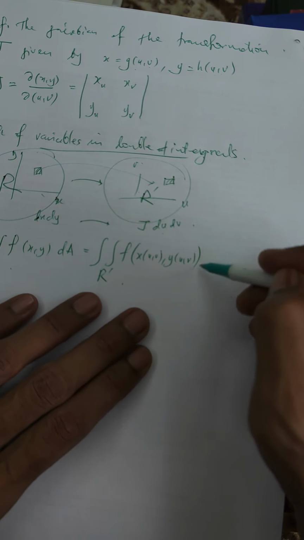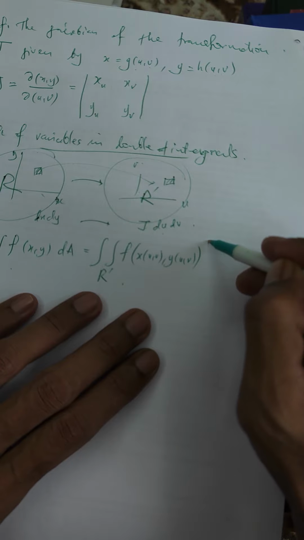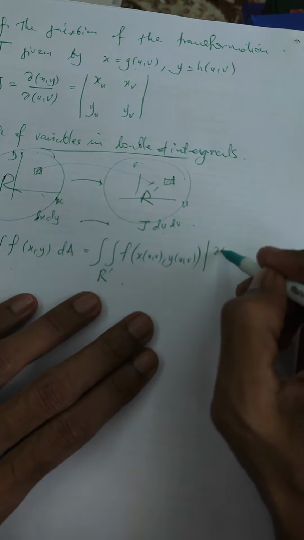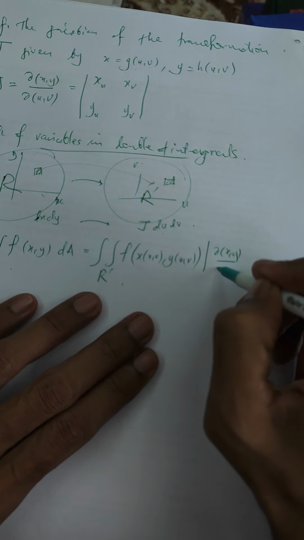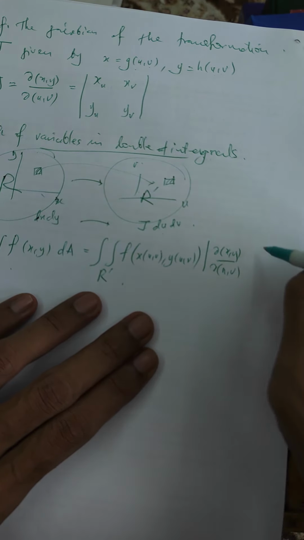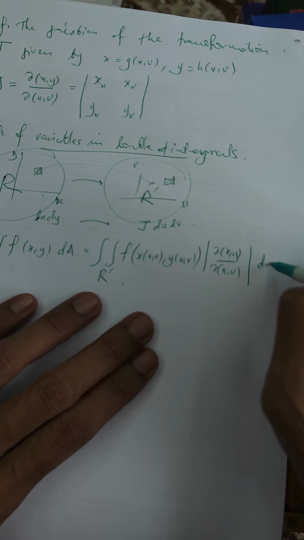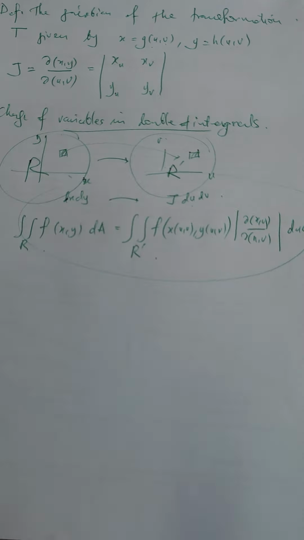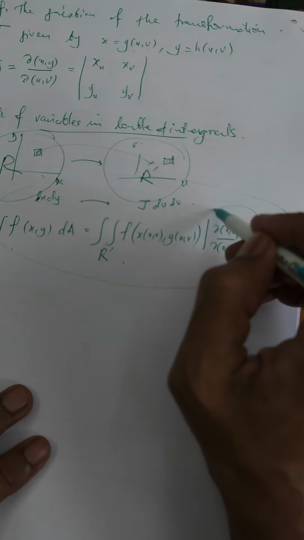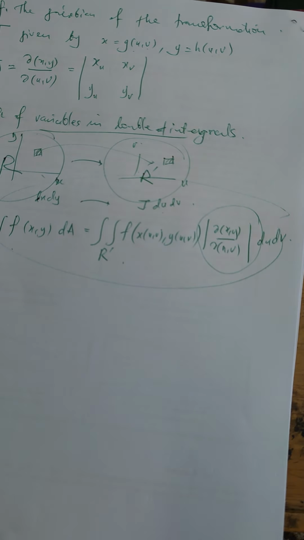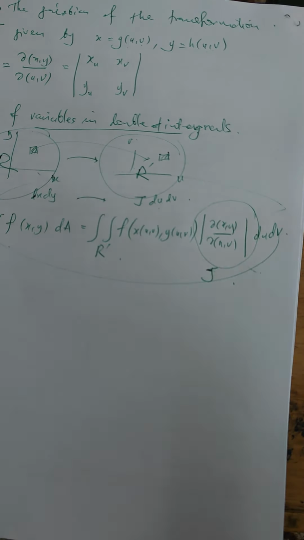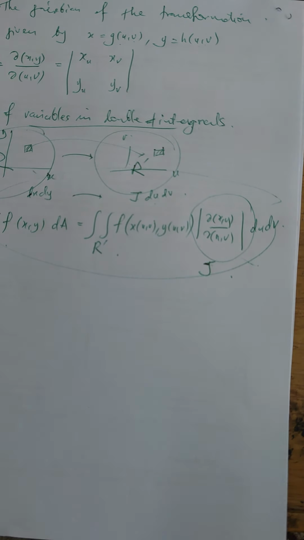Here the Jacobian is given as del(x,y) over del(u,v) du dv. So remember this. You don't have to worry about it being difficult to memorize. It is just J, and you know what J is. I have explained to you what J is, and it is the absolute value of those things.